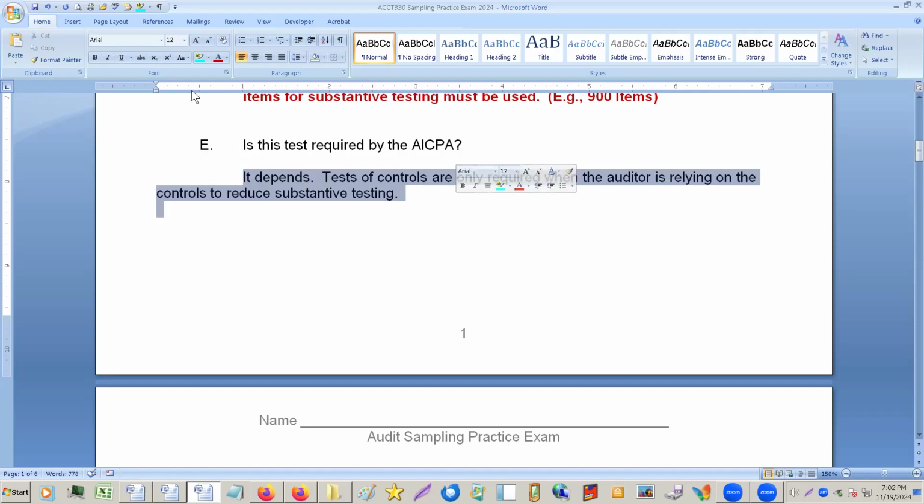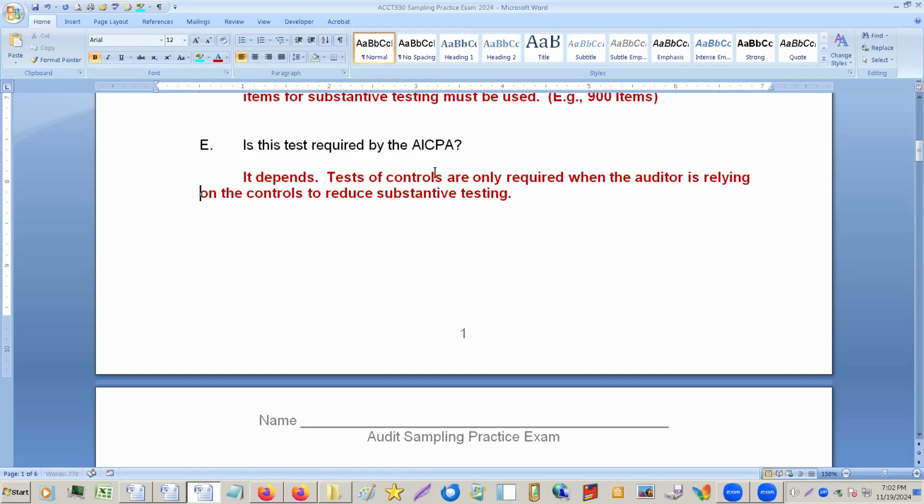So is it required? It depends on whether you're relying on those internal controls or not. If you're not going to rely on the internal controls, you don't have to do any of the testing. So are they required? Not necessarily. If you're going to rely on the internal controls, then they are. But if you're not, you don't need to.